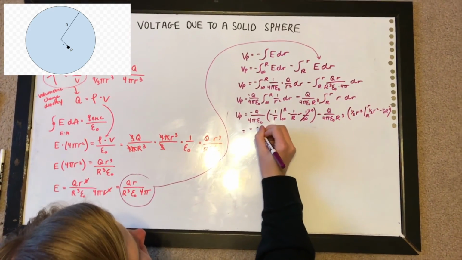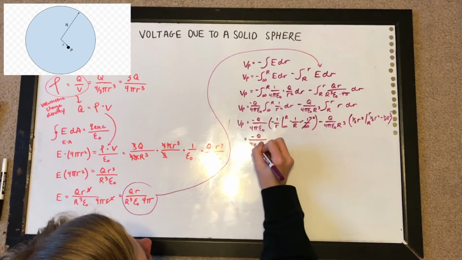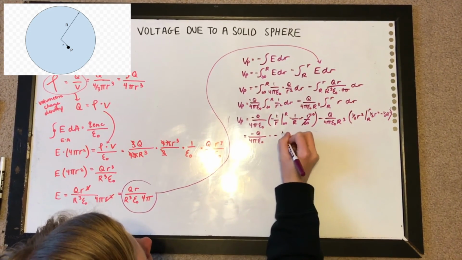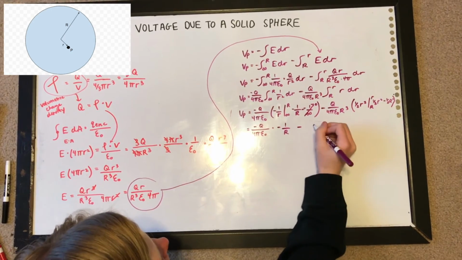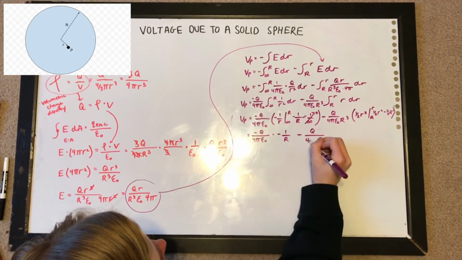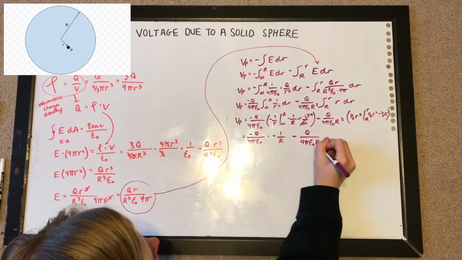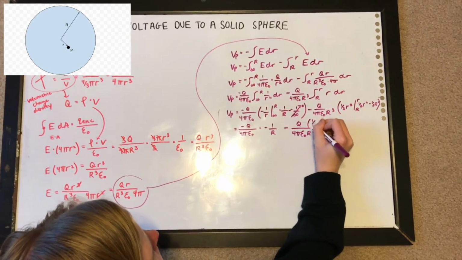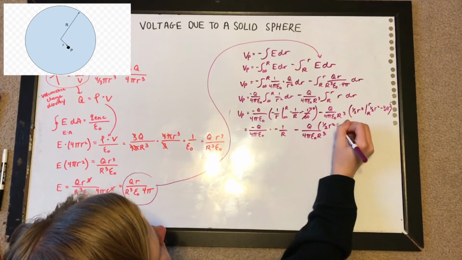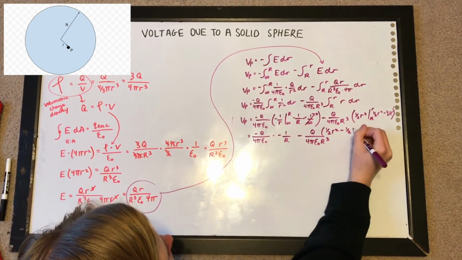Which then, multiplying each part, you get negative Q over 4 pi E naught times negative 1 over big R, minus Q over 4 pi E naught big R cubed times 1/2 little r squared minus 1/2 big R squared.